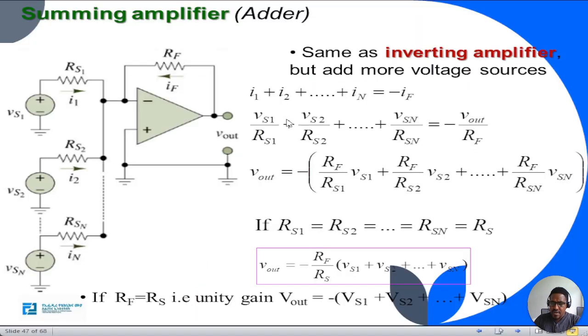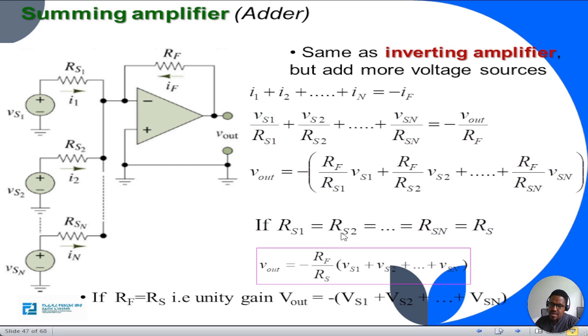As you see in this PowerPoint, I1 is VS1 over RS1, VS2 over RS2, etc., equal to minus V out over RF. So when simplified, V out equals minus RF over RS1 multiplied by VS1 plus RF over RS2 times VS2 and so on.